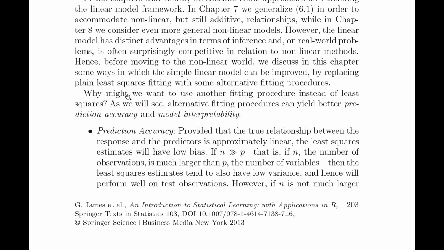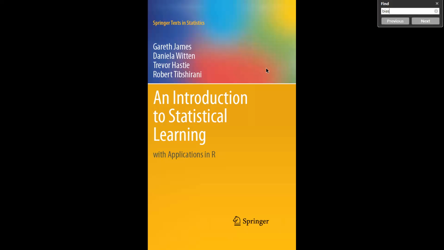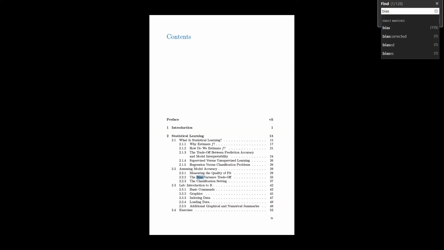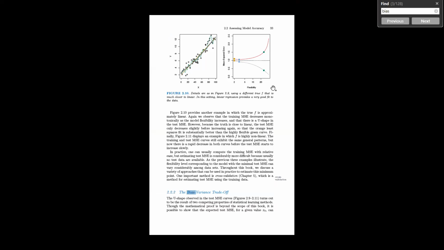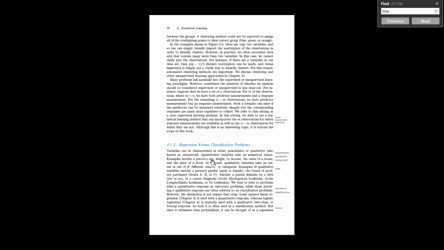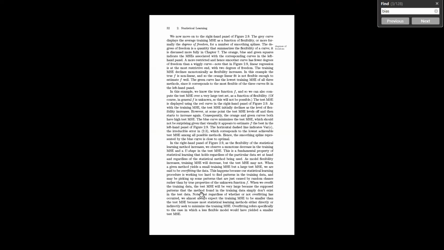Now, this is a word that does come up occasionally in the book, but what do we mean by bias? Well, the first time we encountered bias was in the bias variance trade-off, which we had seen in chapter 2. Let's find it over here.